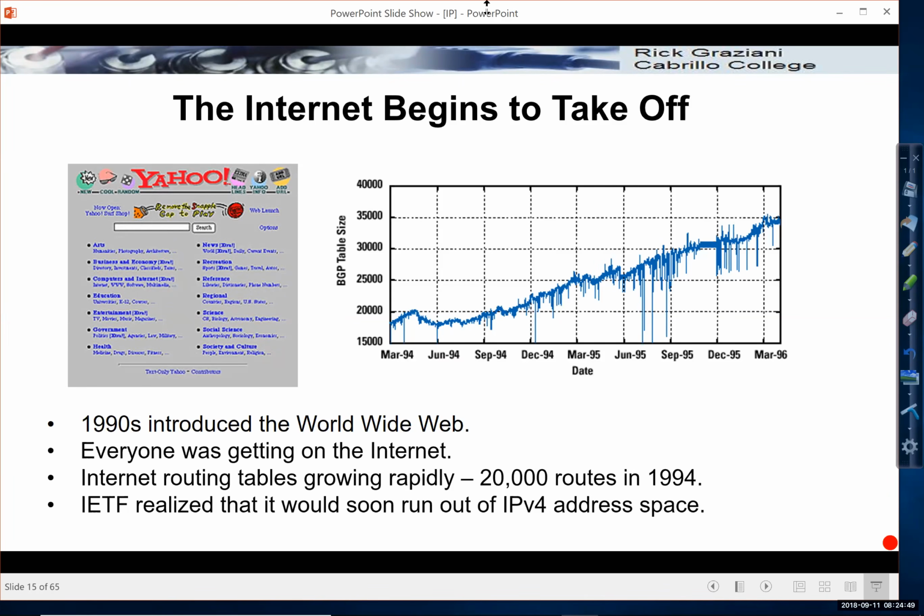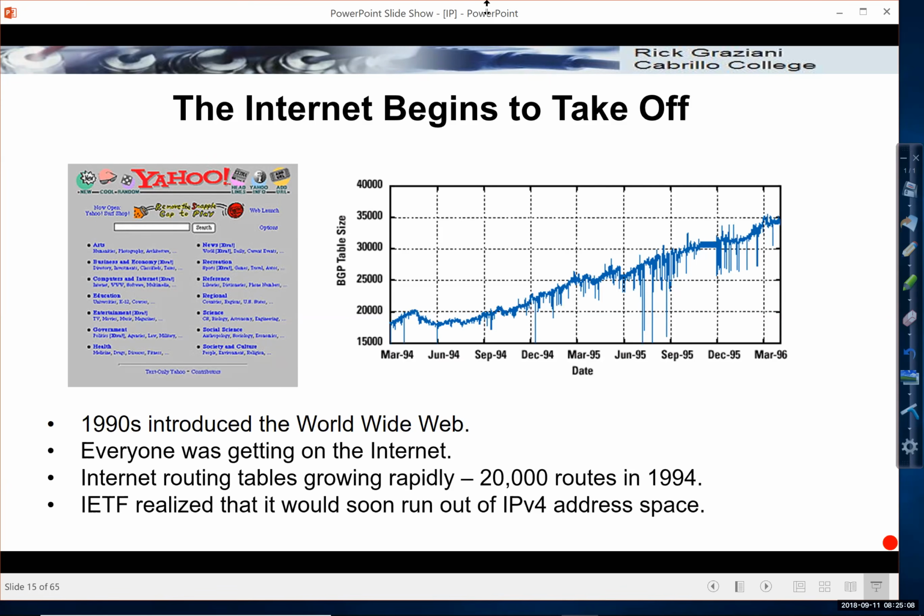It wasn't just that everybody was getting devices, people were getting multiple devices, maybe a computer at home, computers at work. Then we also need addresses for all the devices that connect to the internet. They realized it was just a matter of time.